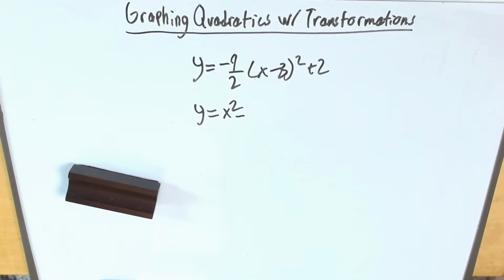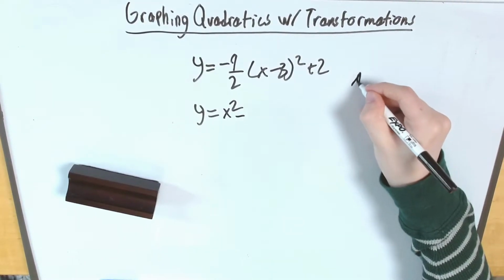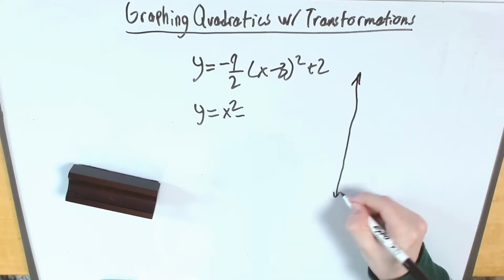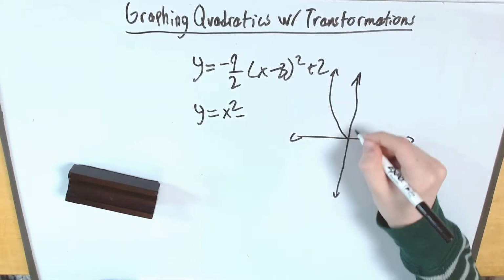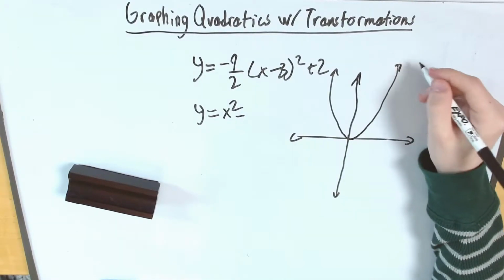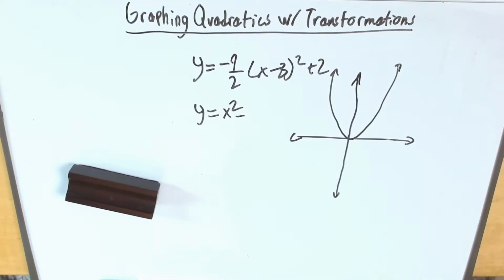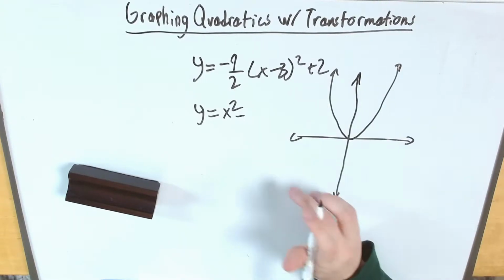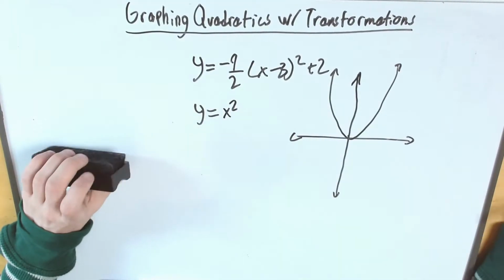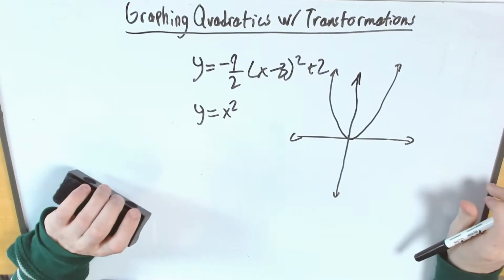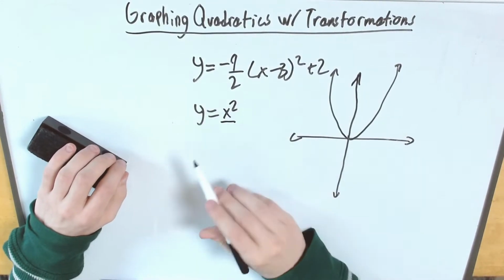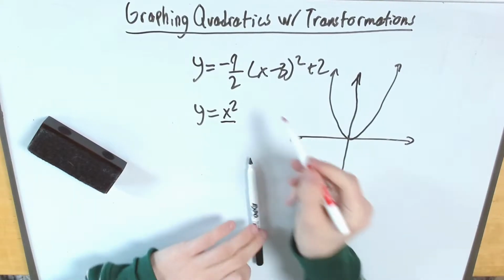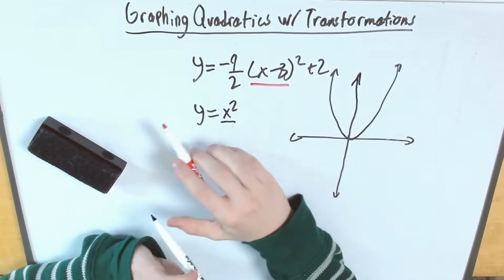So, let's begin. We, of course, start off by getting out our x squared graph. This is y equals x squared. And we're going to focus on the largest power term first, so the term with the largest degree, which happens to be, in this case, x squared, and in this case, x minus 3 squared.